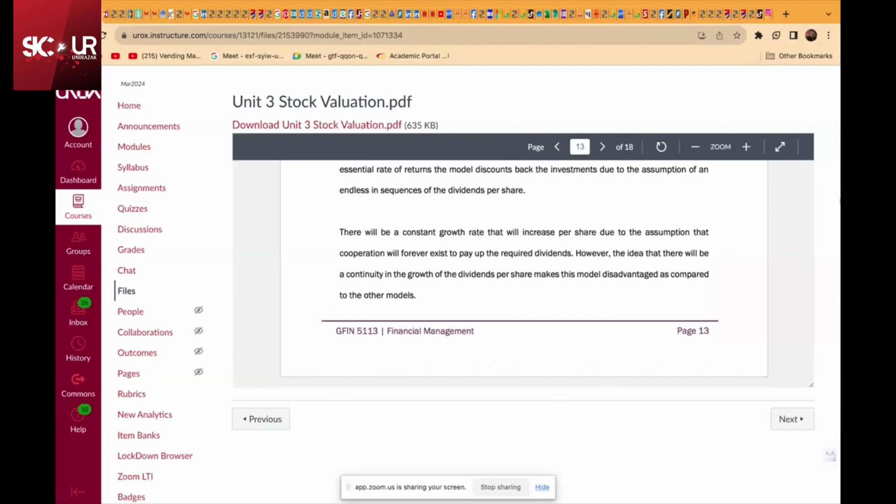So there will be a constant growth rate that will increase per share due to the assumption that the corporation will forever exist to pay the required dividend. However, the idea that there will be a continuity in the growth of the dividend per share will make this model a disadvantage.